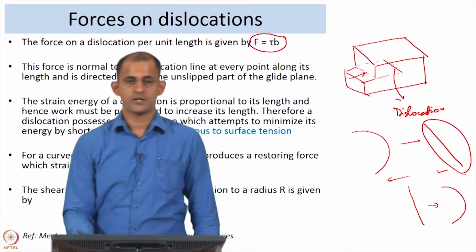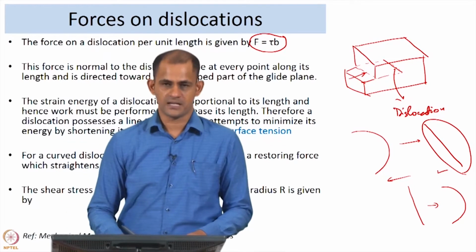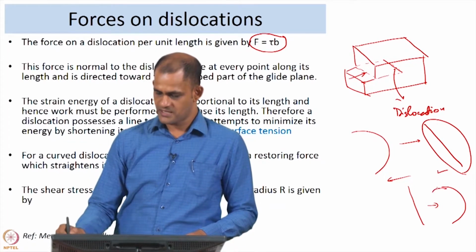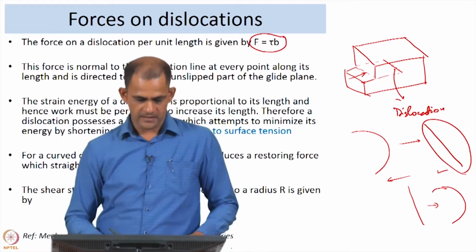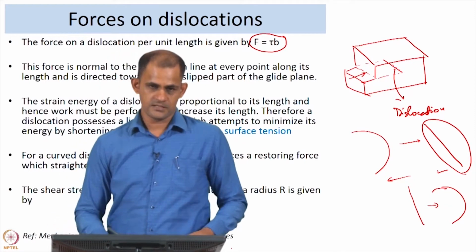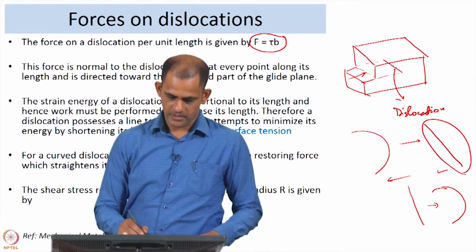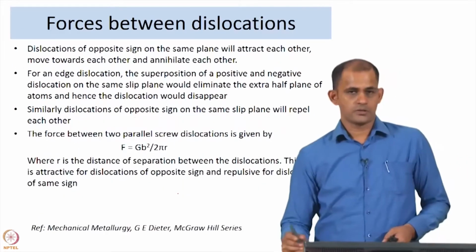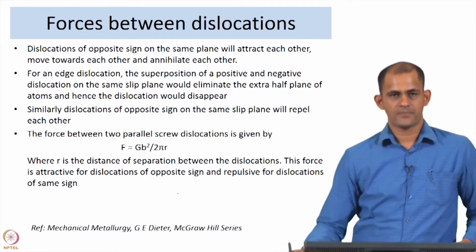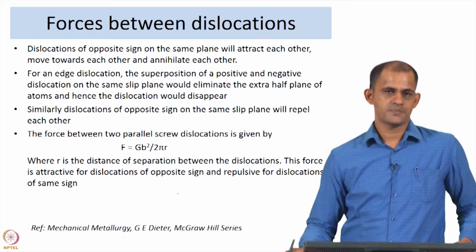If this curved dislocation has a radius of curvature r, then the shear stress required to bend the dislocation is given by the following relation. So, that was force on a dislocation and forces between dislocations.